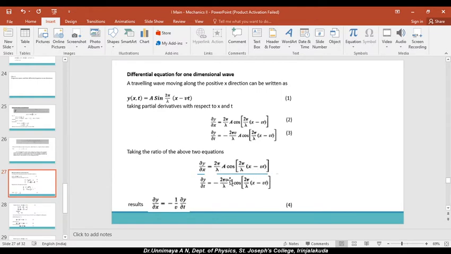Only there will exist the term minus 1 by v. So ∂y/∂x is equal to, take this term to the right hand side, minus 1/v ∂y/∂t.